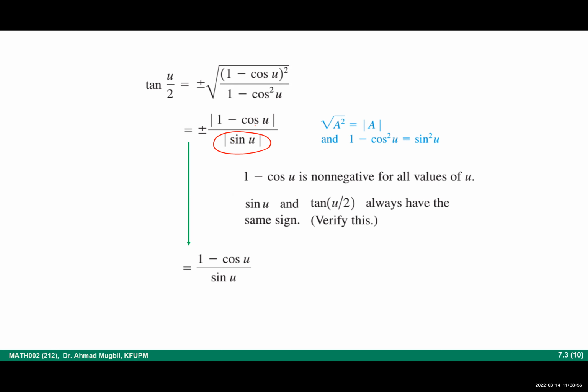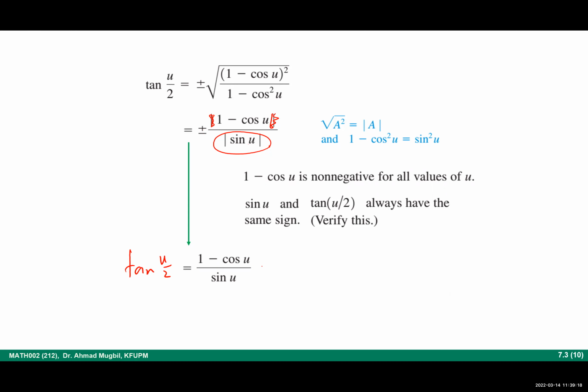And here we'll have the positive. This one, just remove, no need for the absolute value here, because it's always non-negative. Now here it will be positive or negative, and here you have positive or negative. And because of that, these two signs will cancel each other. And we have at the end tan u over 2 equals this.